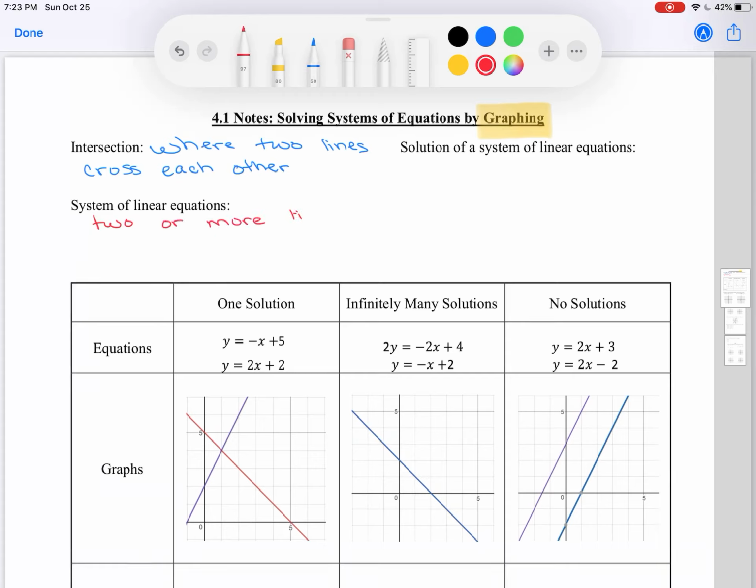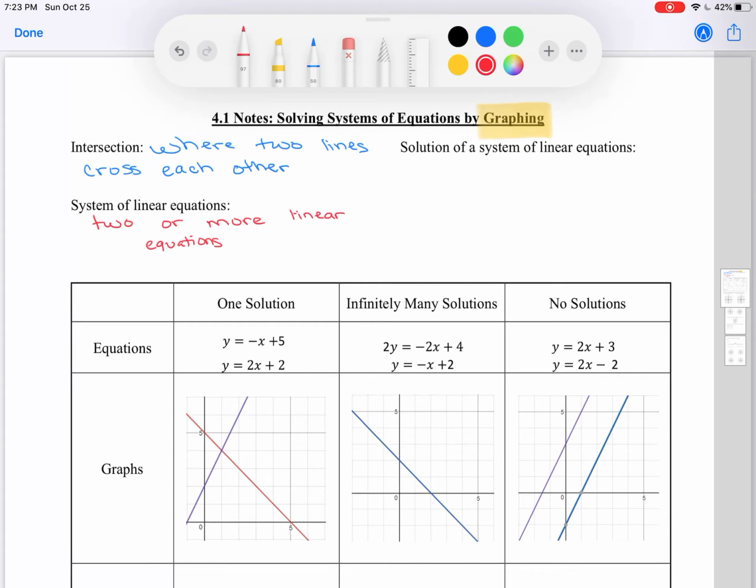Okay? And then when I move down, we're talking about systems of linear equations. So if you hear system, that's just talking about 2 or more. And of course, 2 or more linear equations.